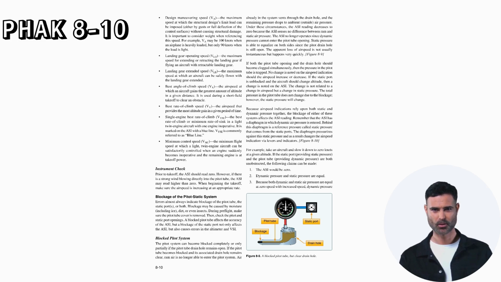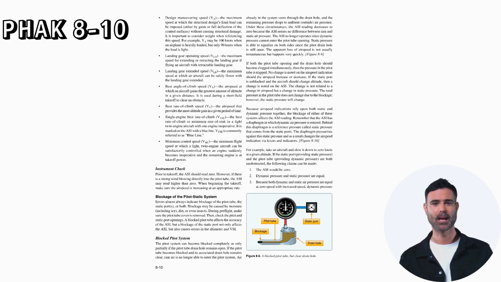The change is not related to a change in airspeed, but a change in static pressure. The total pressure in the pitot tube does not change due to the blockage. However, the static pressure will change. Because airspeed indications rely upon both static and dynamic pressure together, the blockage of either of these systems affects the ASI reading.